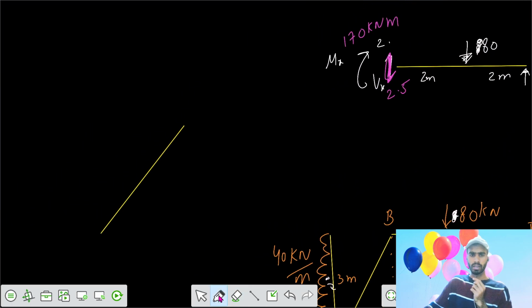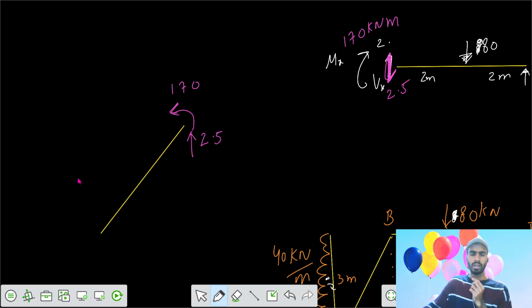So if the moment in the BD is clockwise, here would be anti-clockwise moment of 170, and here the reaction was downwards, V equals 2.5. Here the reaction would be 2.5 upwards.